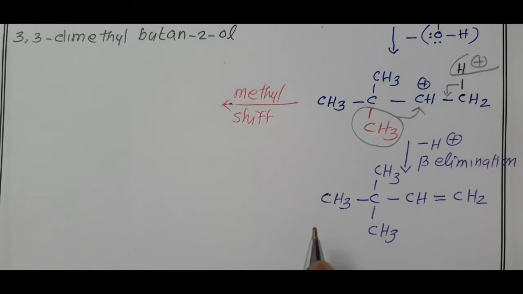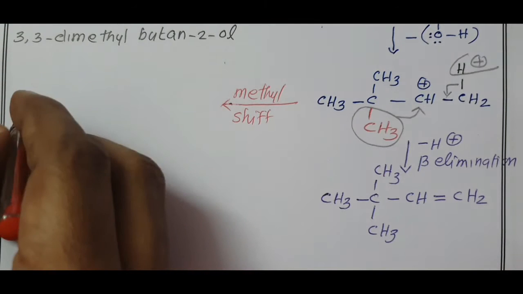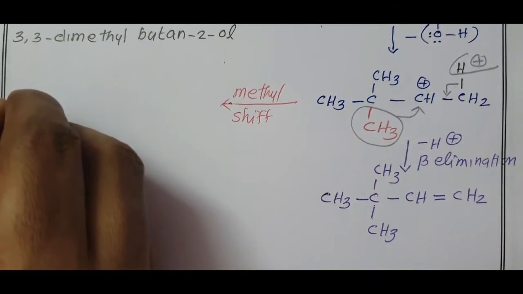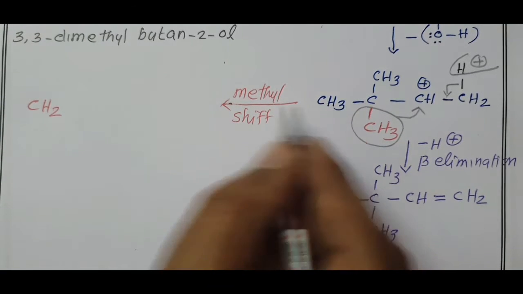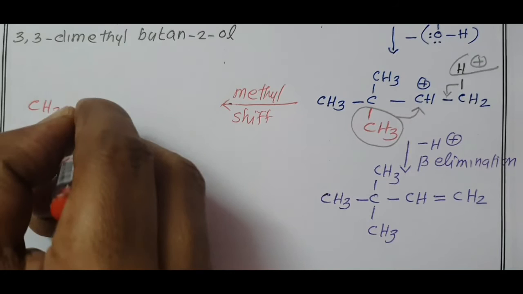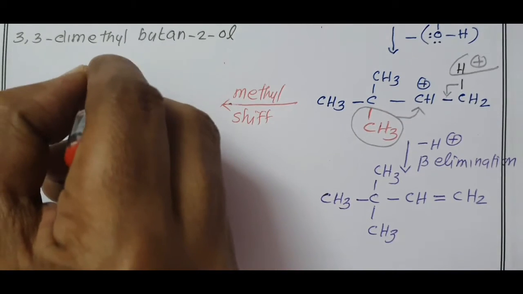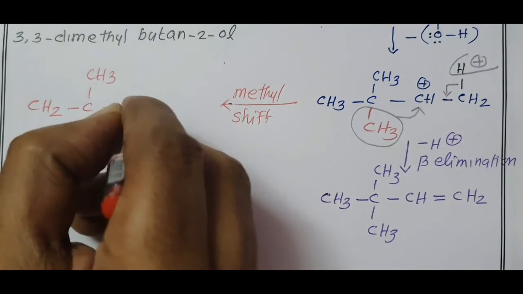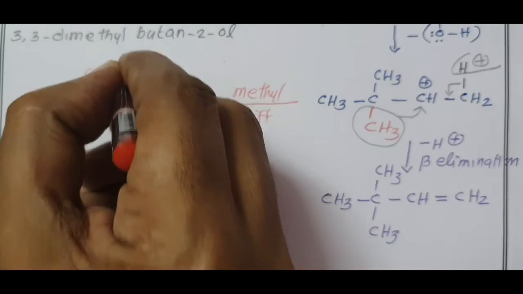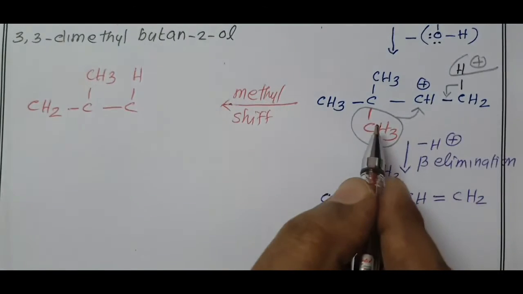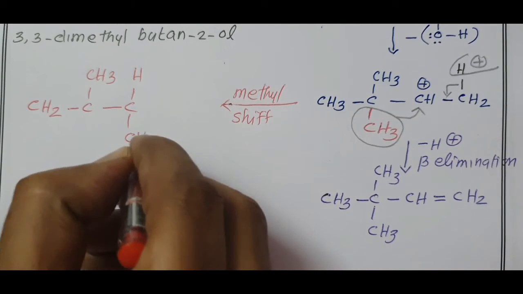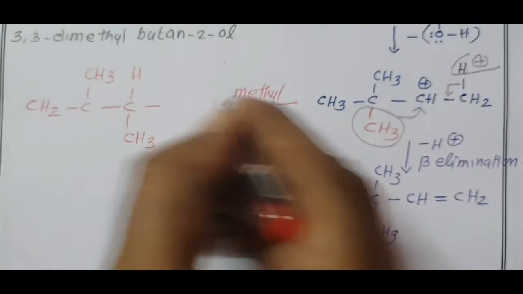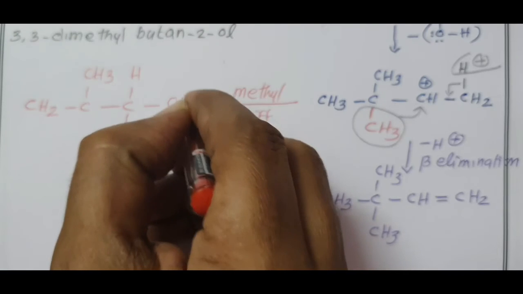So what is the molecular formula? Now I write the molecular formula. CH3, I write one hydrogen, CH3. Here you have one carbon, CH3. There one carbon contains one hydrogen. This methyl is shifted from this carbon atom to that carbon atom, CH3. The last carbon, we have one CH3.